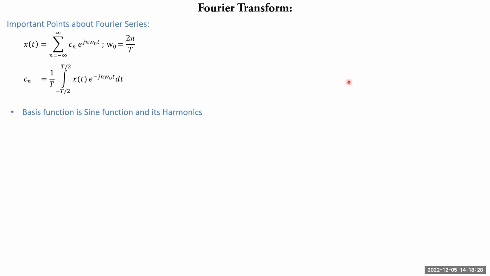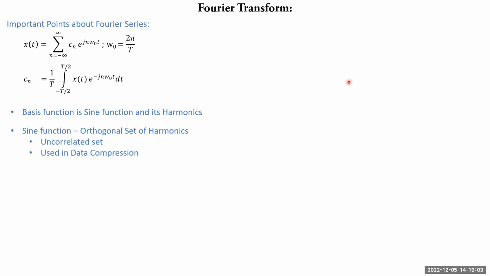Now, why is the basis function a sine function in a Fourier series? Because the sine function with the fundamental frequency and its harmonics form an orthogonal set of functions, that is, any two frequency components of sine functions form an orthogonal pair, that is, the dot product becomes 0.